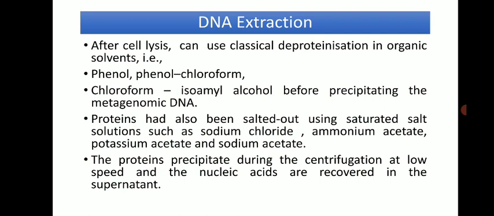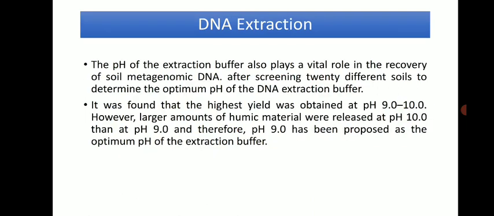That process is known as salting out or salting in, which is used for purification of proteins. Here proteins are the major contaminants usually associated with any kind of DNA, and the proteins precipitate during centrifugation at low speed, and the nucleic acids are recovered in the supernatant. So all these treatments are used singly or in combination to extract DNA from the sample.